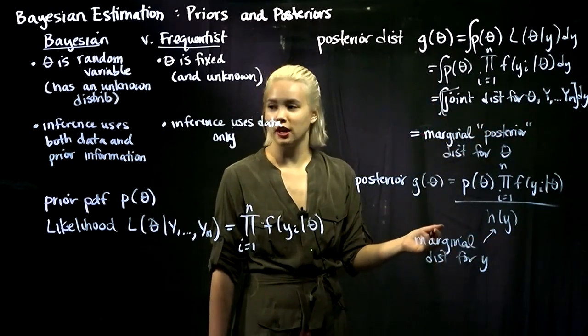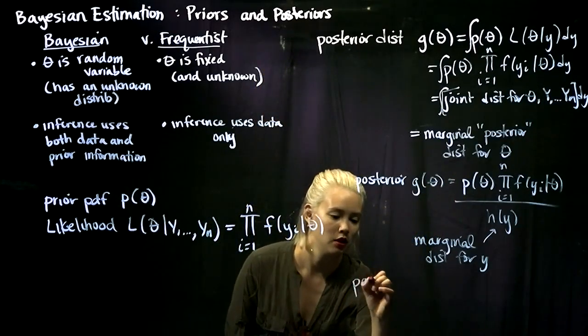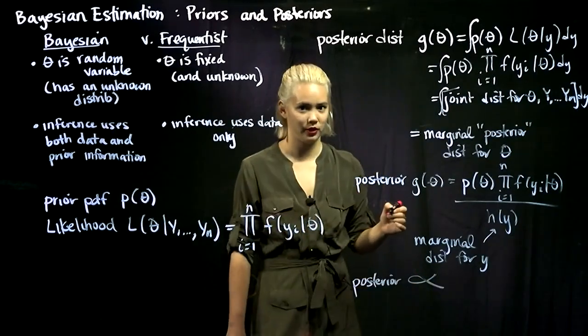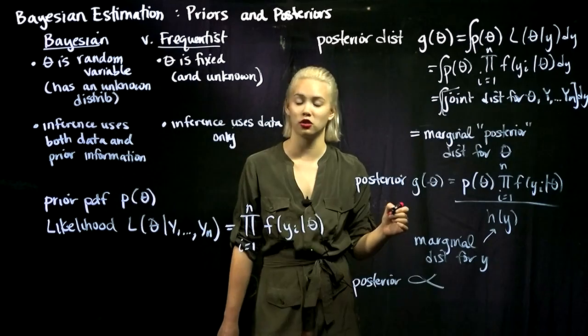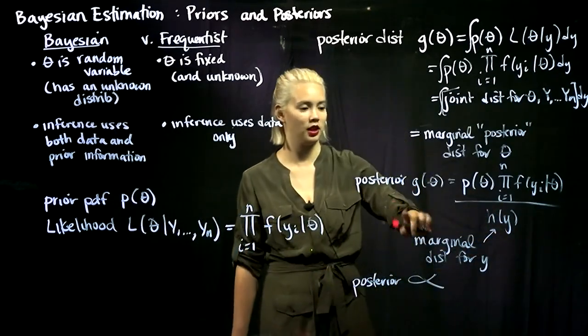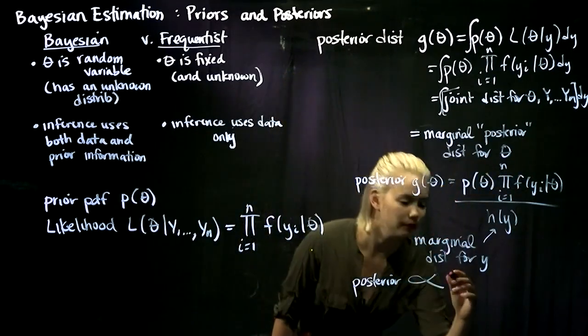So most of the time when we talk about the posterior distribution, we think about what the posterior is proportional to. Since this is just a constant, the posterior distribution is proportional to just the prior times the likelihood.